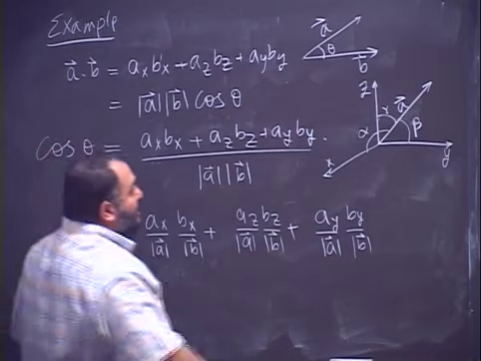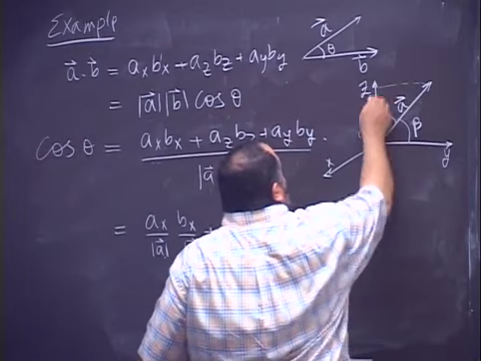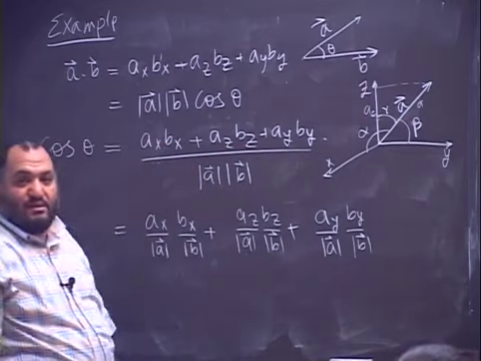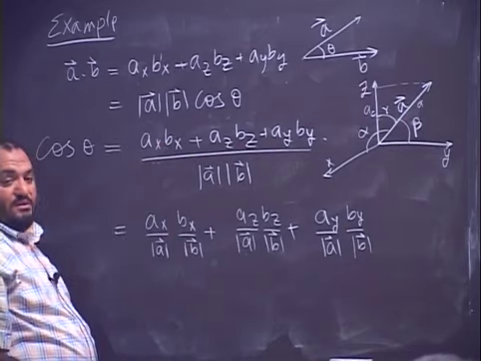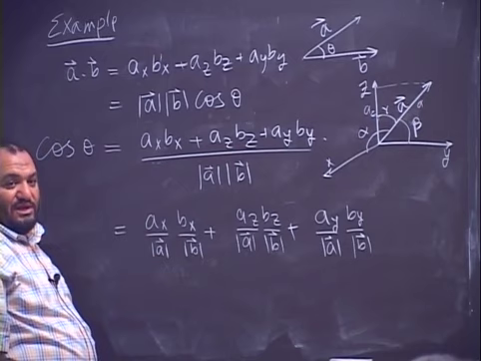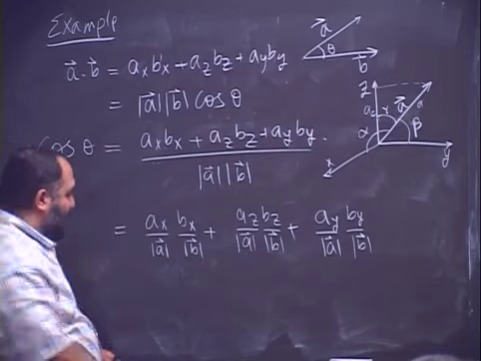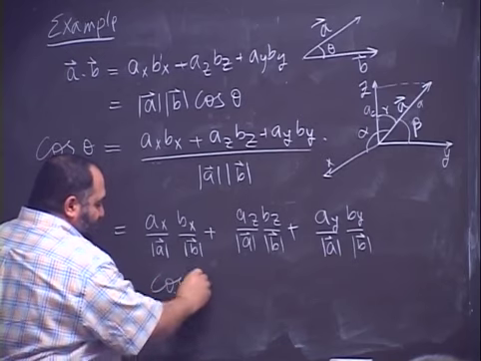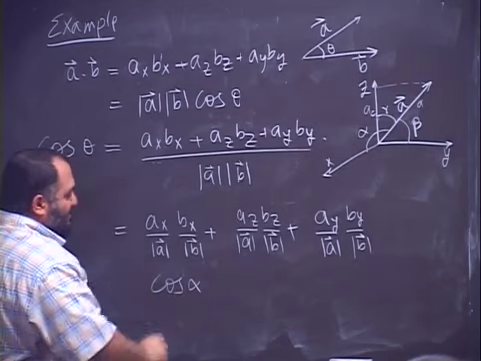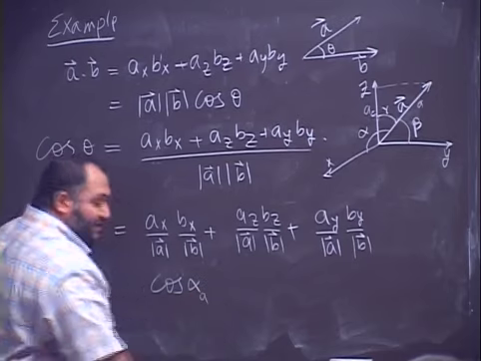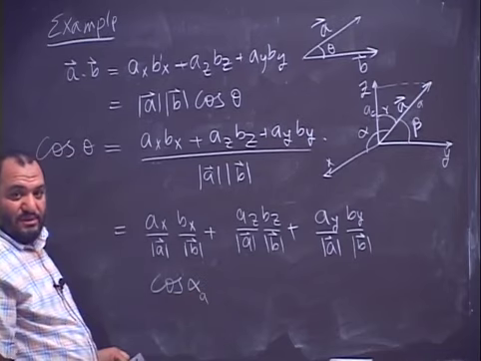So what's this? AX, let's make it simple here. AZ divided by A is cosine gamma. So if it is AX divided by A, it's cosine what? This is cosine alpha, but because it came from the vector A, I will call it alpha for vector A. Yes?